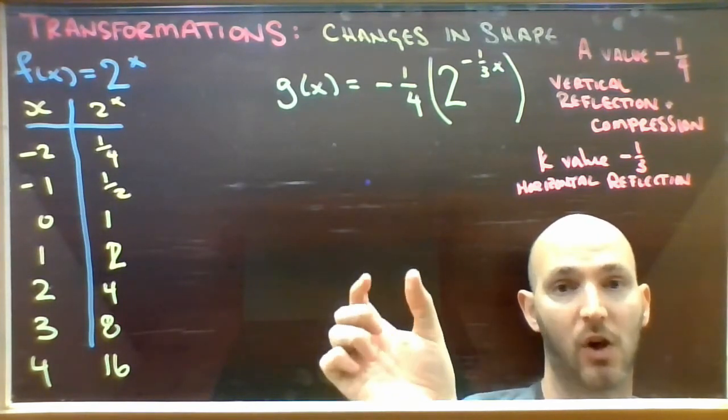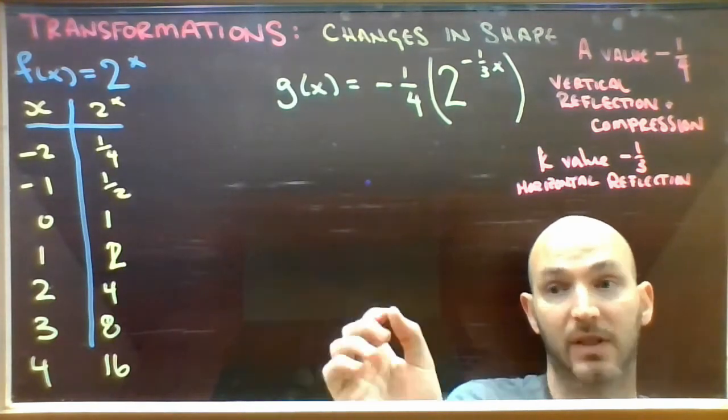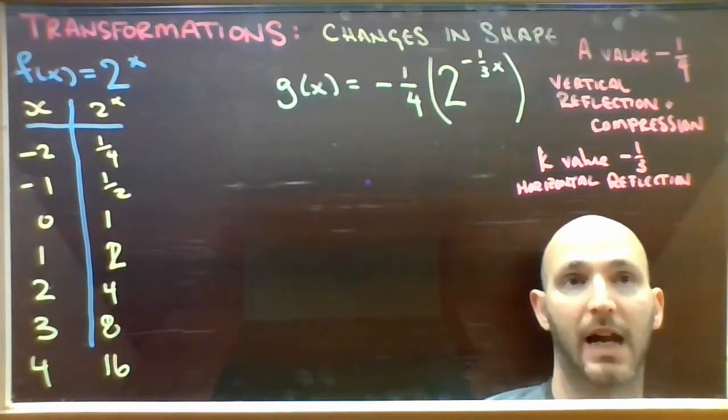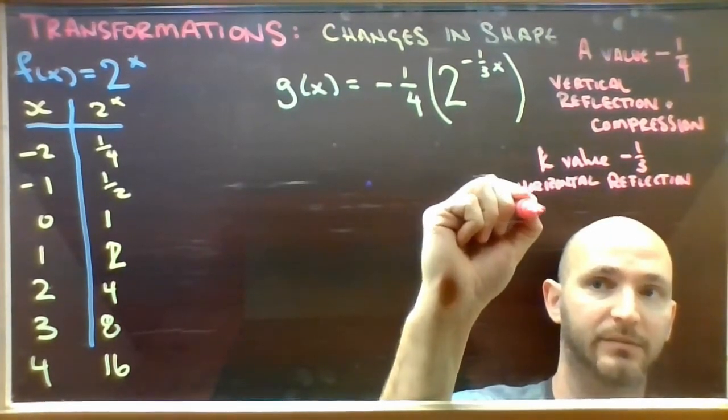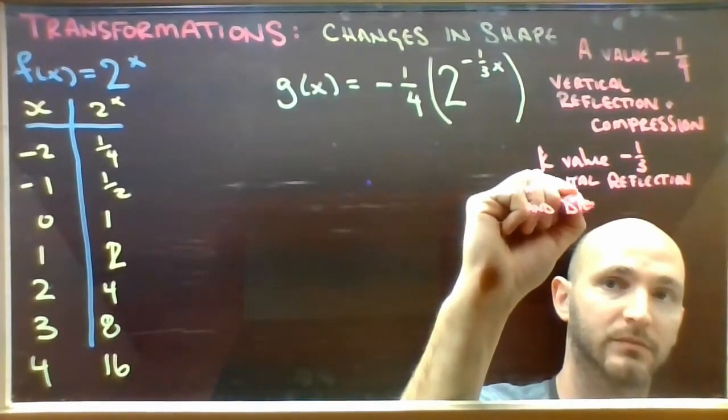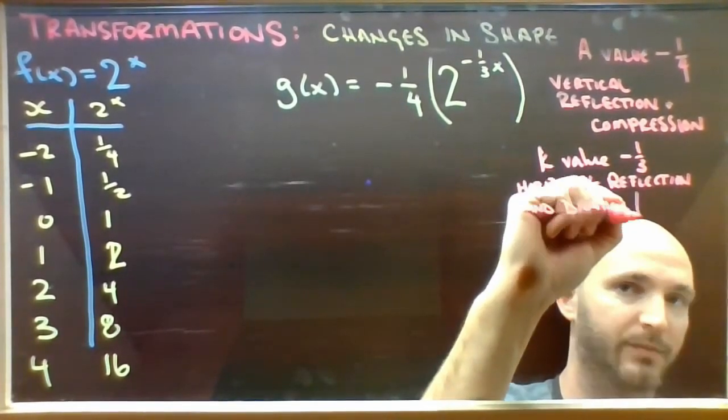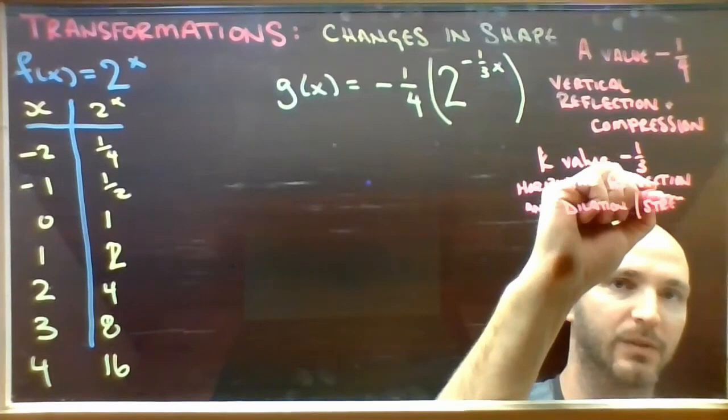So that takes all of your dots and blows them out, or dilates them away from the y-axis. So horizontal reflection and dilation. Or stretch, whichever word you prefer to use.